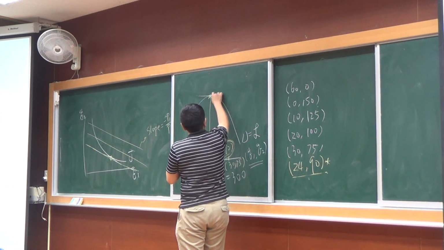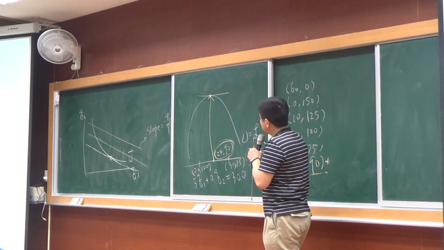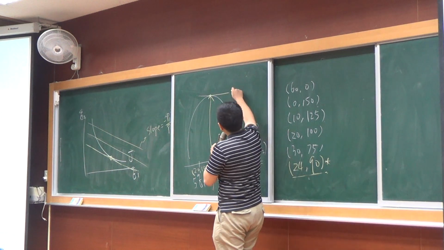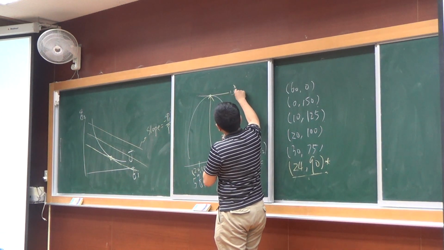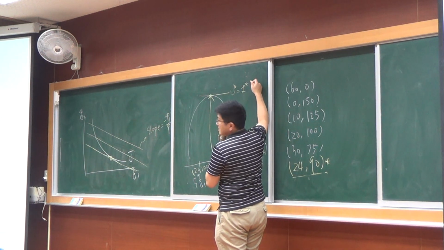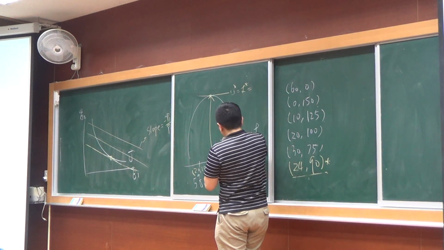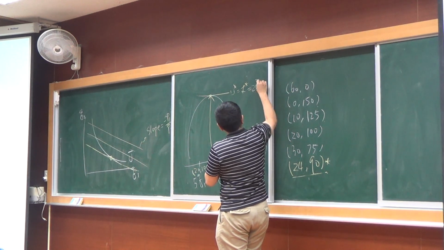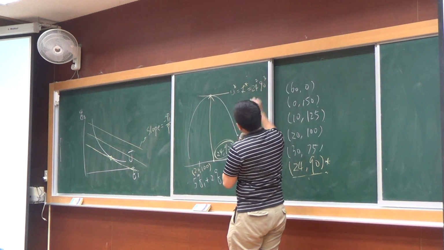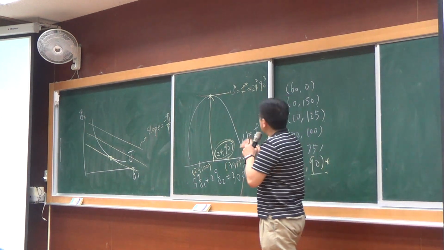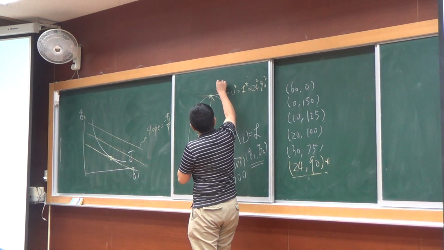So what is the level of the utility? U star or Lagrange star, it would be 24 to the power of 2 and 90 to the power of 3. Is that right? And we just define this as nu.